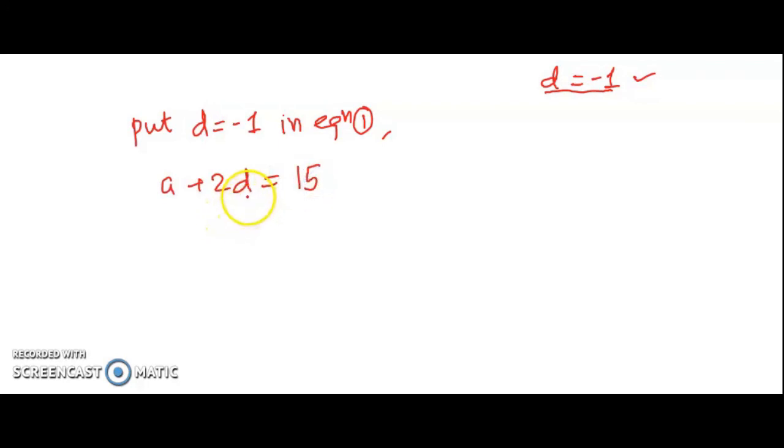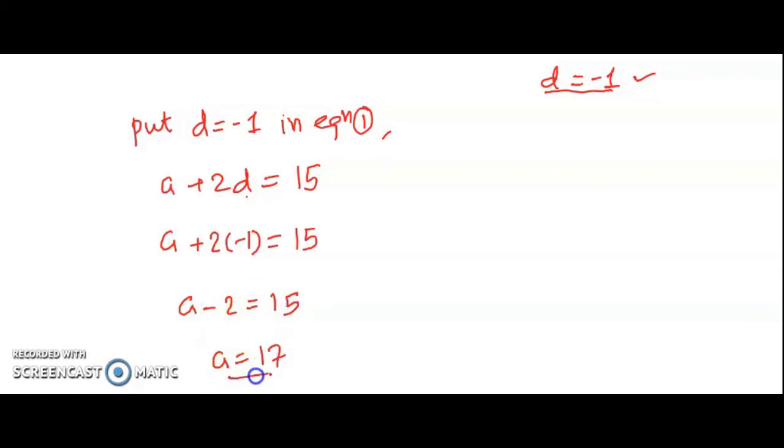Now in this equation, in place of d we will put minus 1. So we will get a minus 2 equal to 15, or we will get a equal to 17. So from those two equations we get the values of a and d. A is 17 and d equal to minus 1.